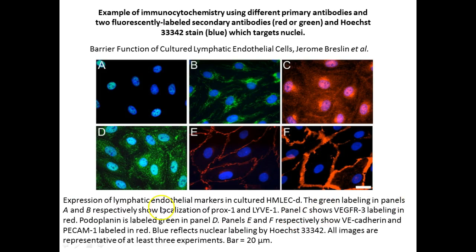The green labeling panels, A and B respectively, show a particular localization of a protein. Right, so they can actually label actual proteins and see where they're being expressed in the cells. Pretty amazing stuff. Right, so I have lots of pictures like this in my office too. I have a whole poster that looks like a rainbow of all the different pictures that scientists have taken using fluorescent dyes on cell samples and stuff like that.